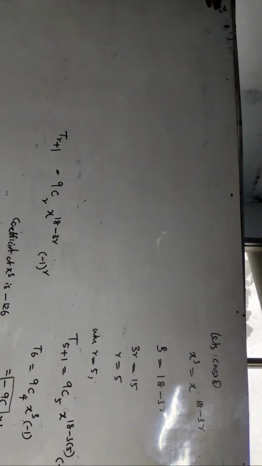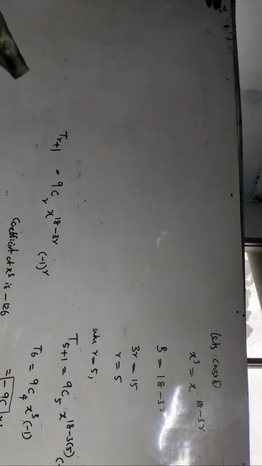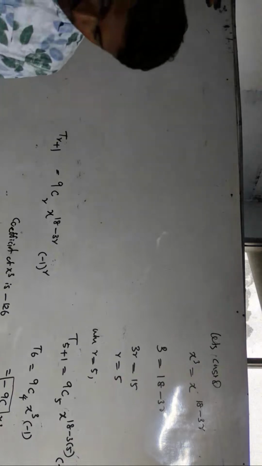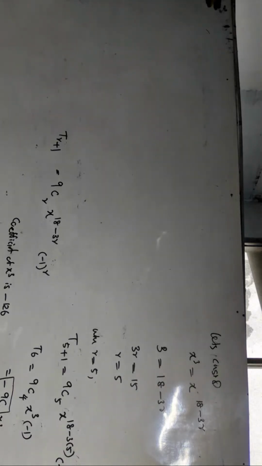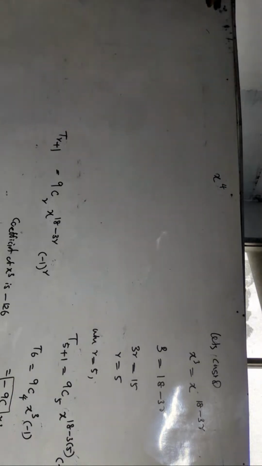Right, so write down this question again, okay? Write down this question. Show that there does not exist x to the power 4 term in the expansion. So show that there does not exist x to the power 4 term in the expansion.